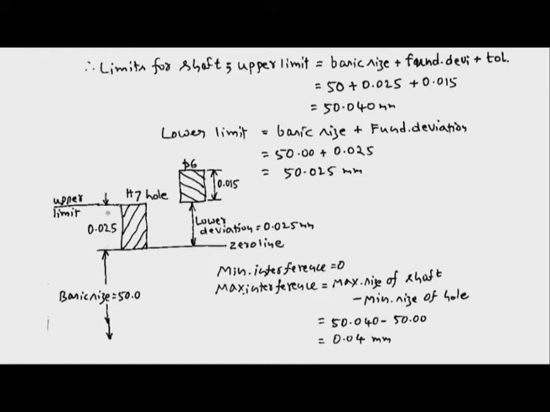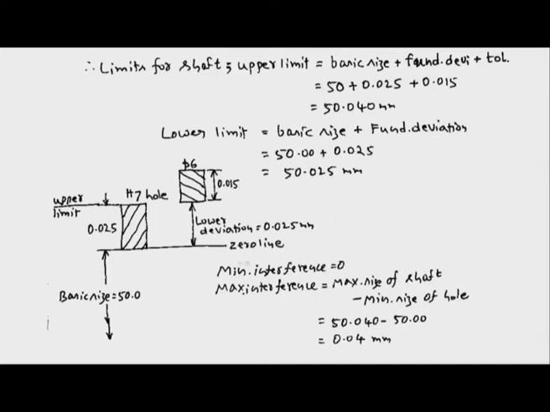We have to add this tolerance value for hole to this basic size to get the upper limit. Now similarly we have calculated the lower deviation for the P6 shaft, that is equal to 0.025 millimeter, and the tolerance for the P6 shaft is 0.015 millimeter.